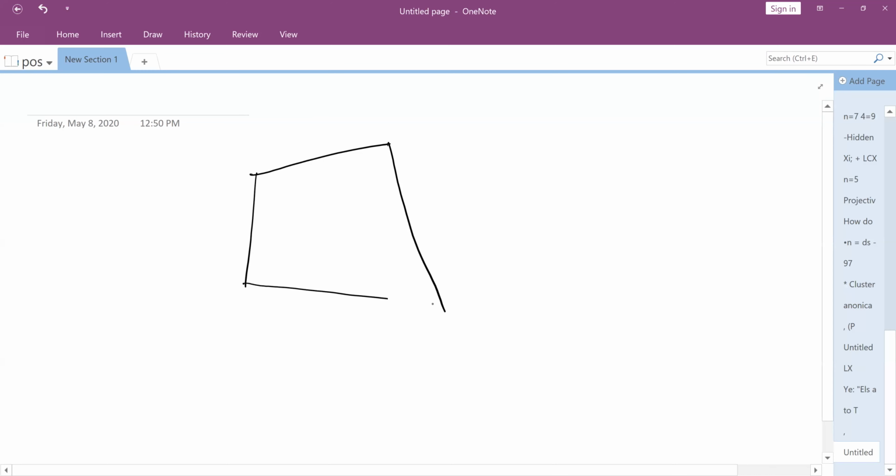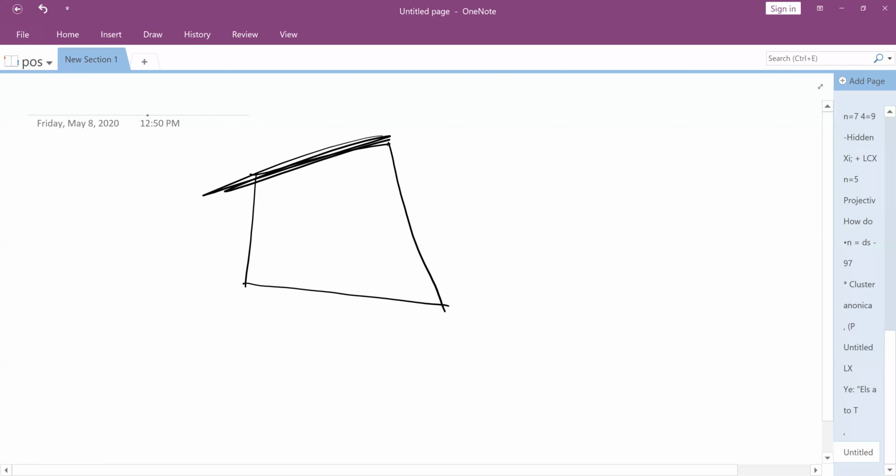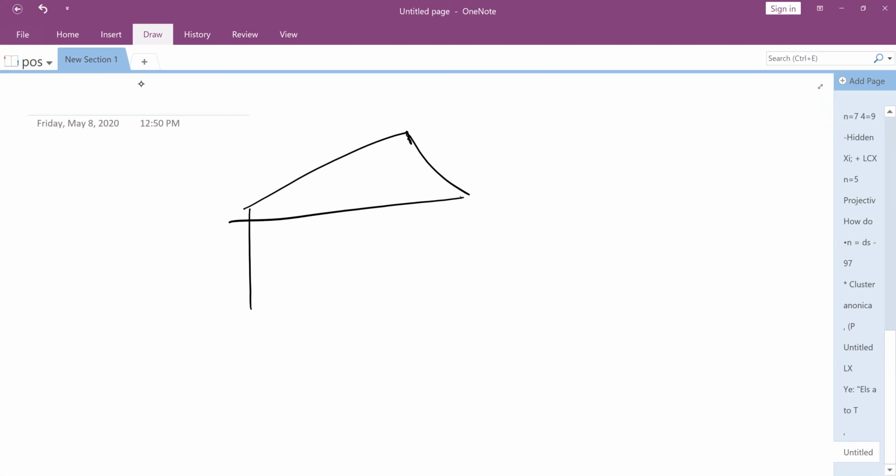Okay, so let's say we have this, let me draw it like this. All right, so let's say we have this quadrilateral. I don't know why I'm drawing it so bad. Sorry, guys.